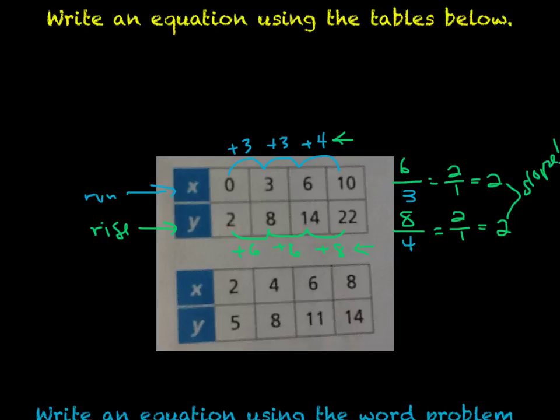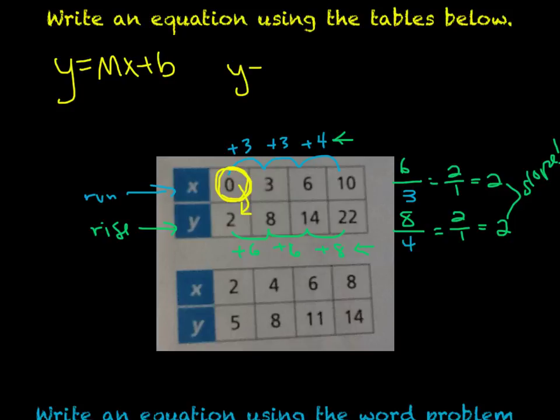There's our slope. And also for our y-intercept, we need to find where x is equal to 0. And so when x is equal to 0, our corresponding y value is 2. So now we can write an equation. Our equation format, y equals mx, that's not an x, that's a star, x plus b.